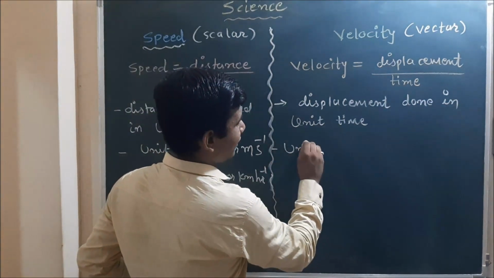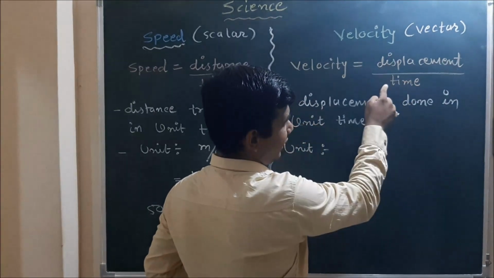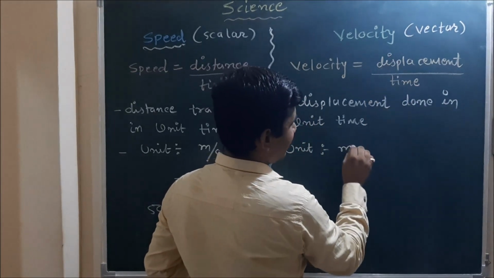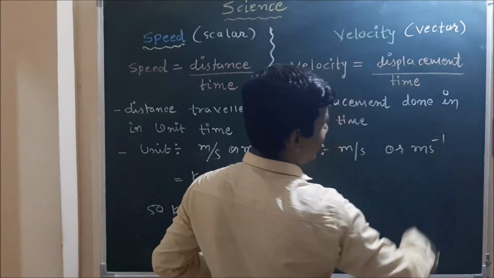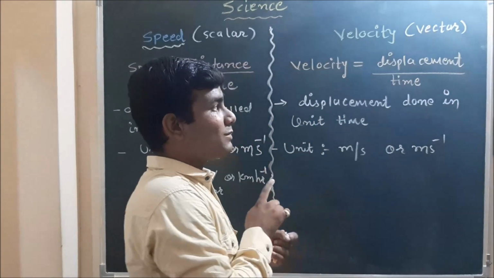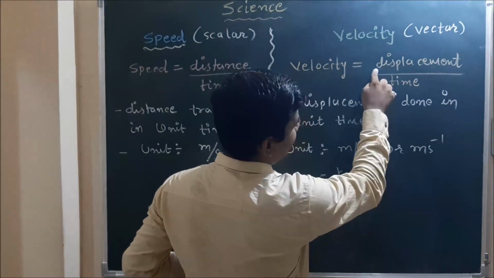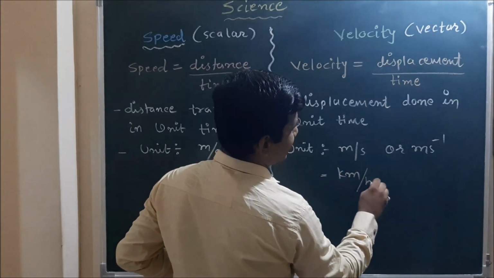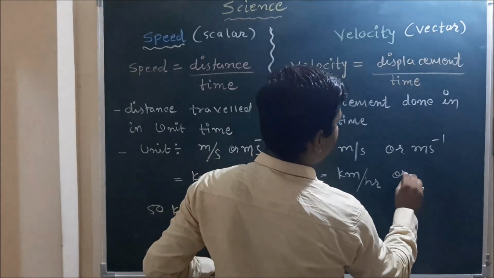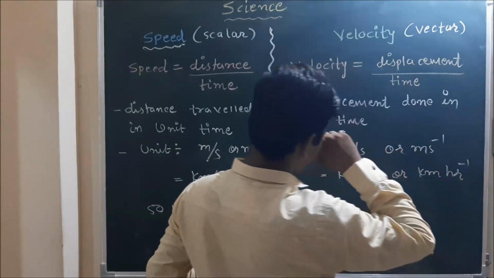Similarly, displacement can be in meter, and if time is in second, its unit will be meter per second, or we can also write meter second inverse. If the displacement is in kilometer, and time is in hour, we can write kilometer per hour, or kilometer hour inverse, right?